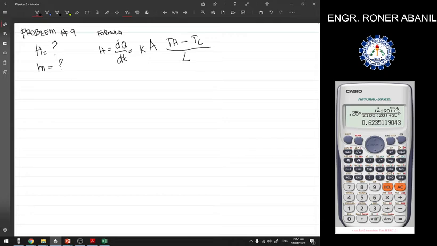So, pwede natin gamitin yung formula na yan para ma-determine yung H.